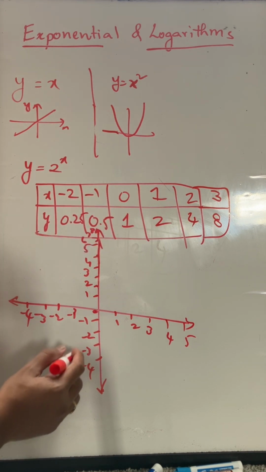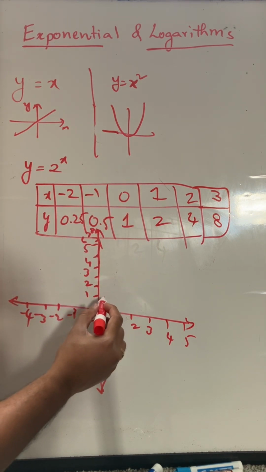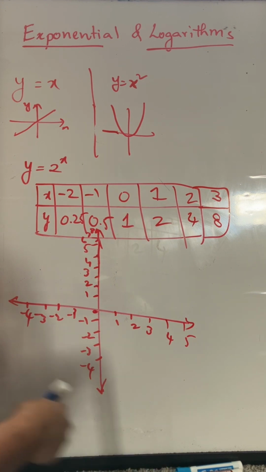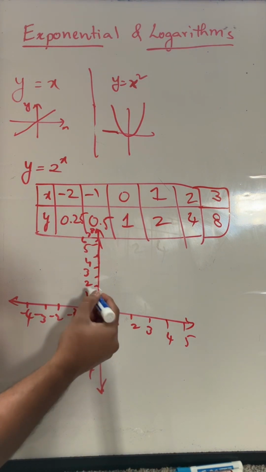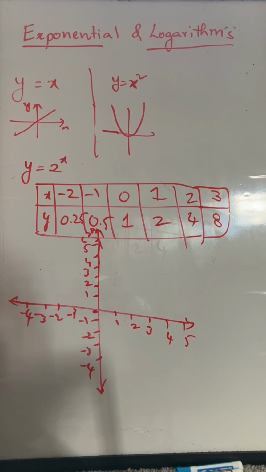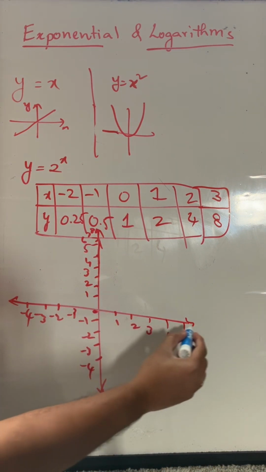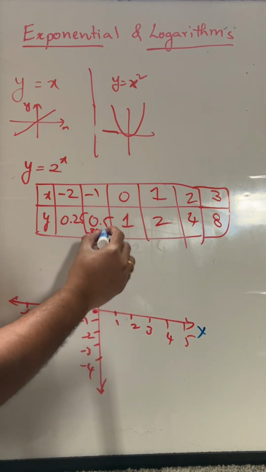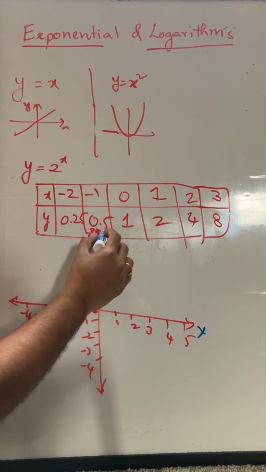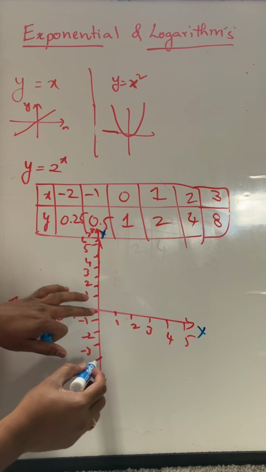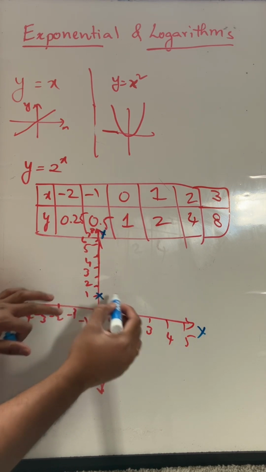When x is 0, y is 1. I'll use a different color. X is this axis, y is this axis. When x is 0, y is 1.